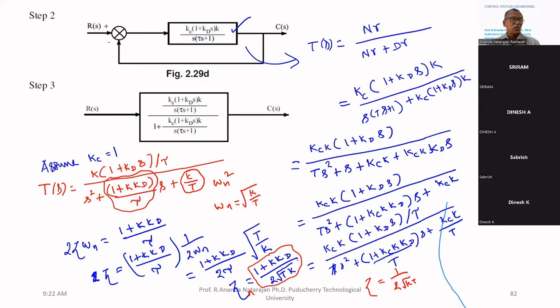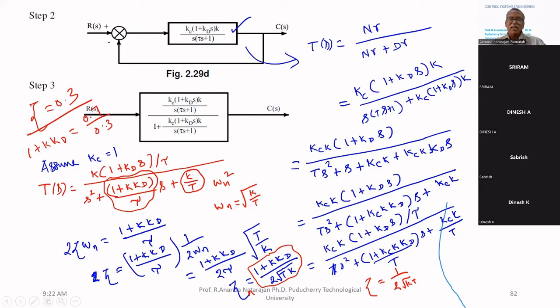Suppose your system is oscillating because zeta equal to 0.3, let us assume. Zeta equal to 0.3, original system. I want to make it 0.7. So what we have to do? 1 plus Kd must change the 0.3 to 0.7.